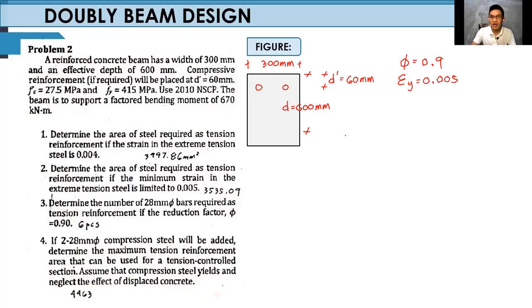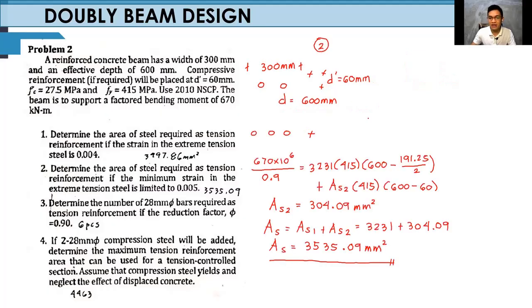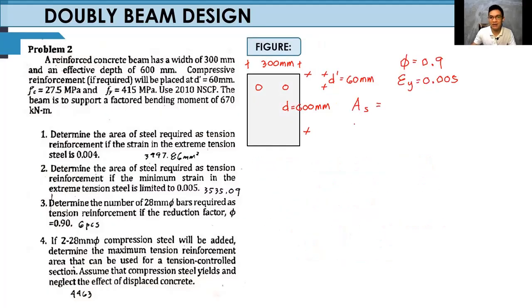So therefore, yung ating area ng steel na kailangan natin sa ibaba is equivalent sa answer natin kanina, which is 3535.09 millimeter square. So, madali na lang po ito.